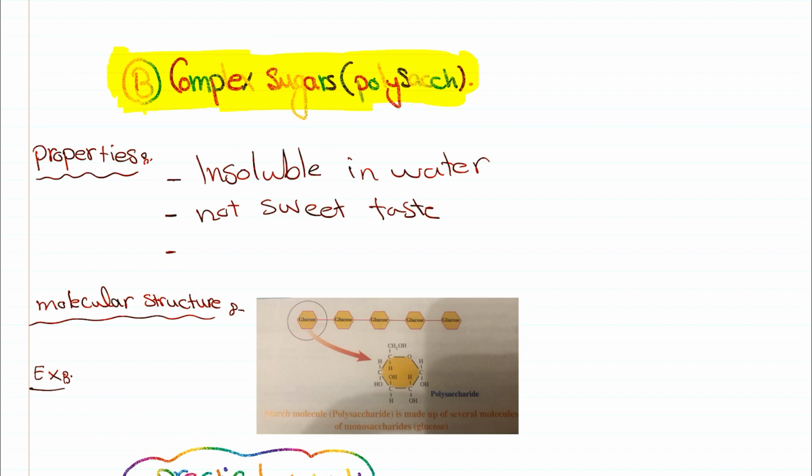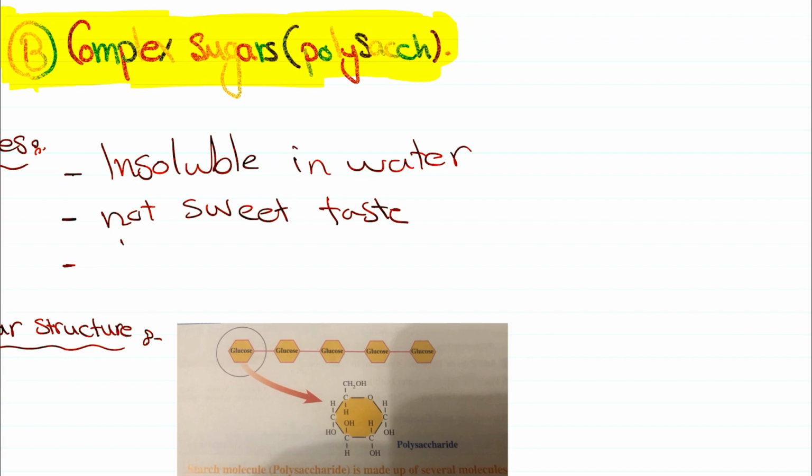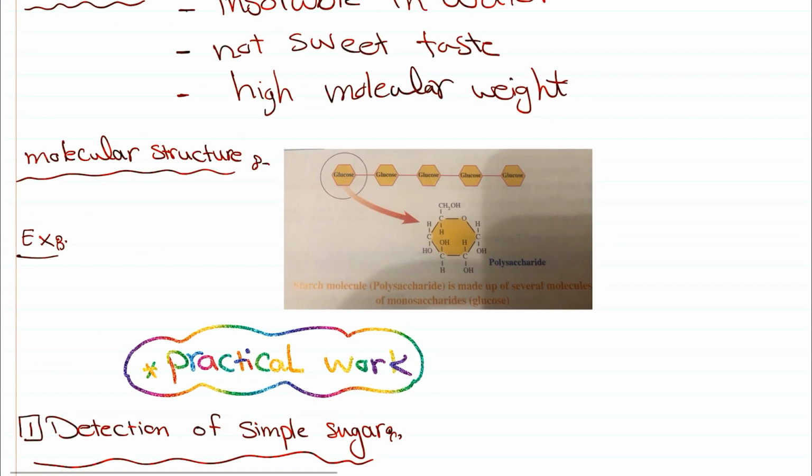not sweet. They don't have a sweet taste. And the last one, what about the molecular weight? Simple sugars have small or low molecular weight. Here they have high molecular weight. What about their molecular structure?